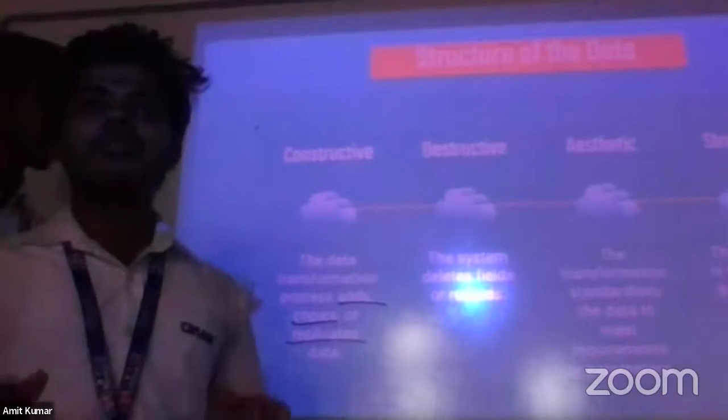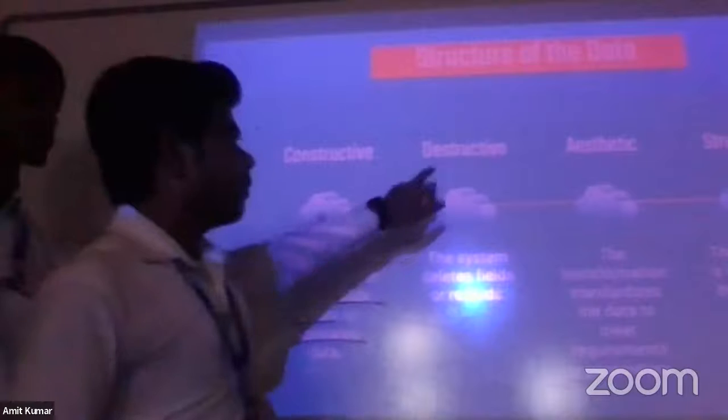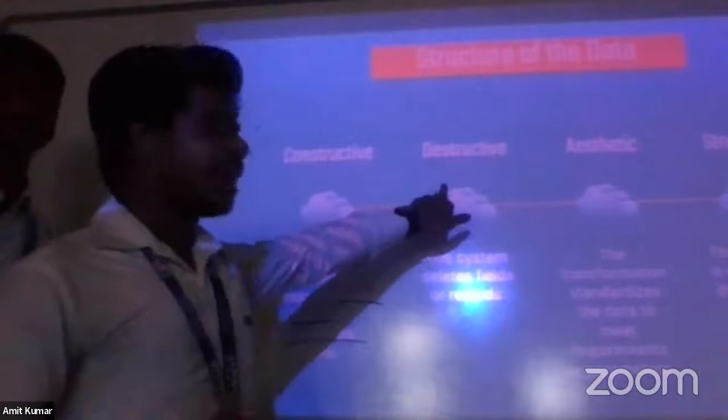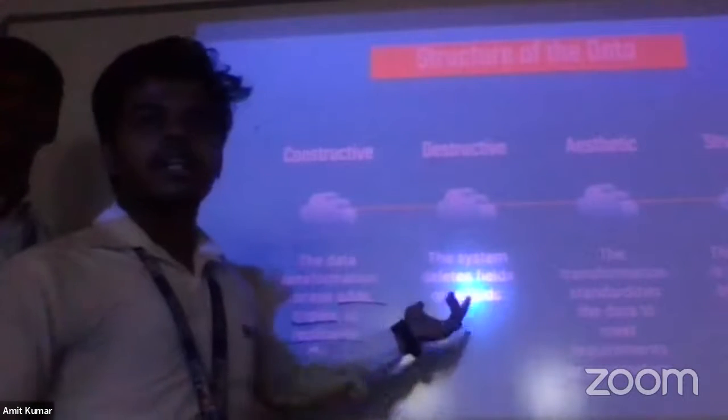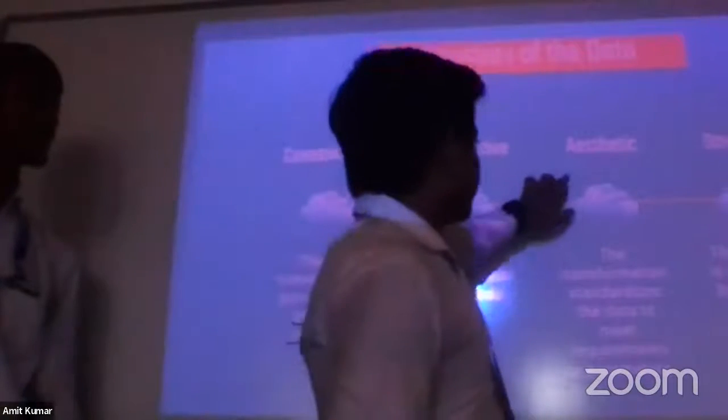If you are transforming the data, then you have to collect data first, from the data warehouse, then you will transform your data. Then you can also destruct your data, like delete the data which you have transformed. The third is aesthetic.